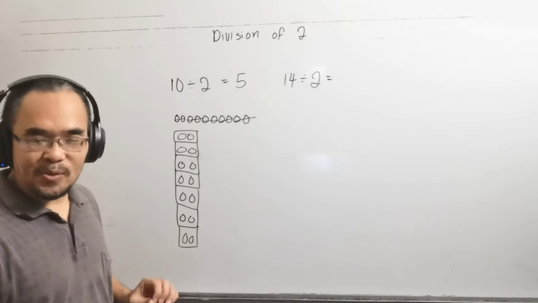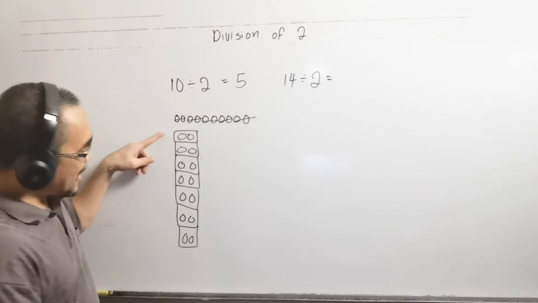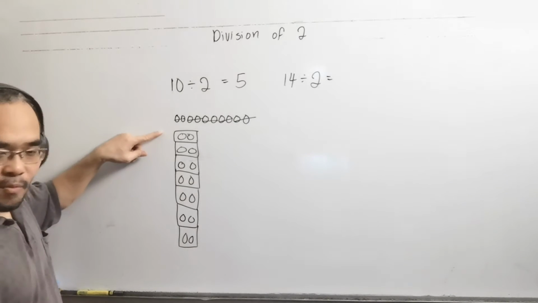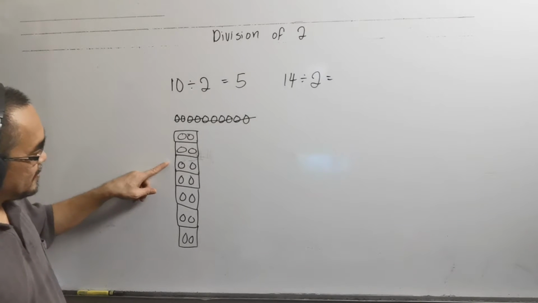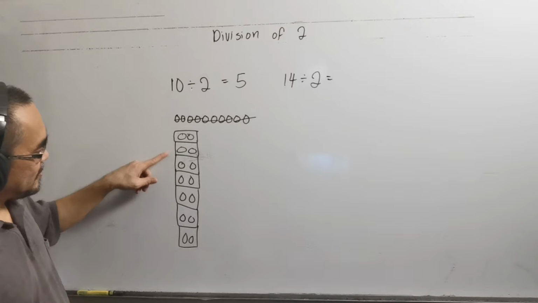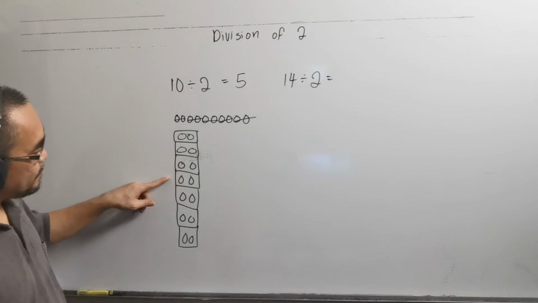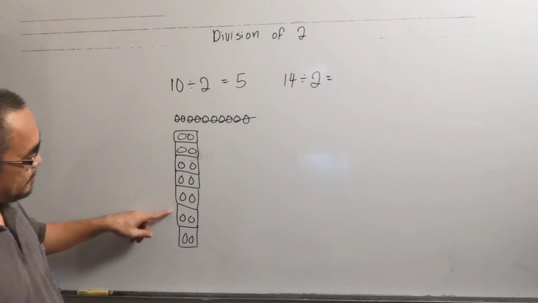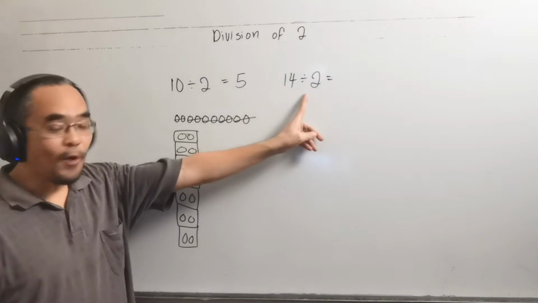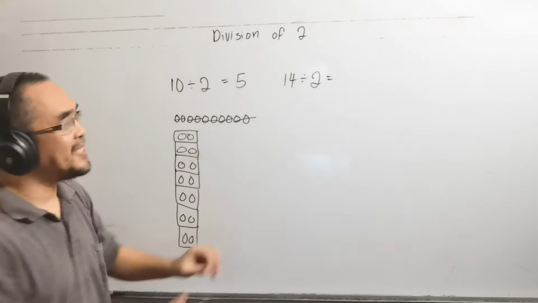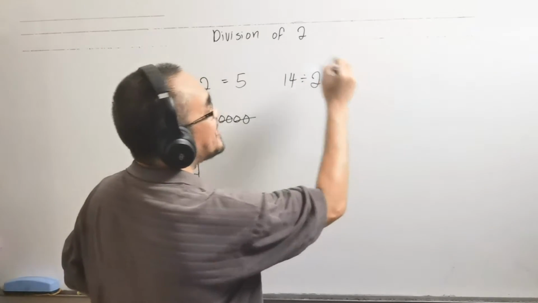You don't have to explain to me. So, how many of this group do you have now? So 14 divided by 2 is 7.